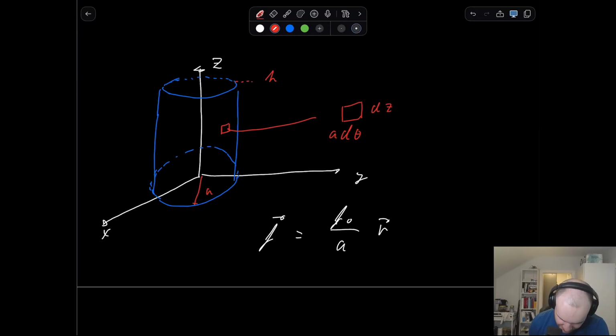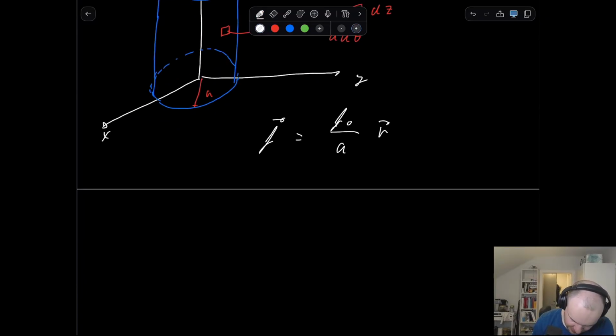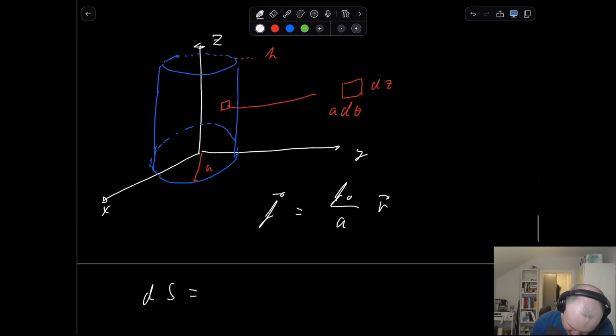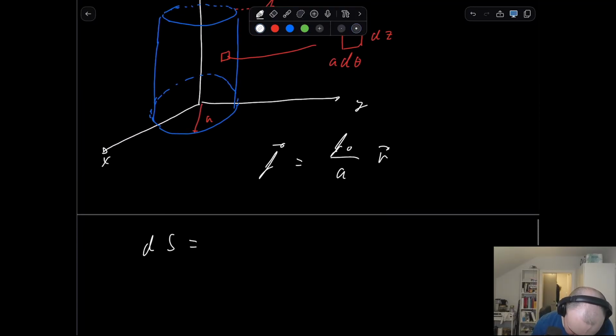So I have a d theta. So dz, the area of the... no, not dz. I mean dS is just equal to a d theta and then dz, like that.